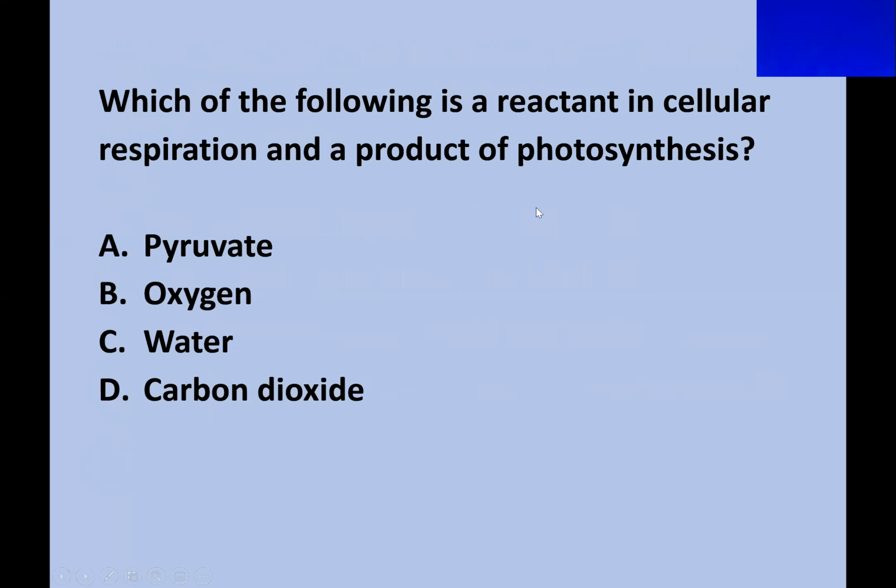Which of the following is a reactant in cellular respiration and a product of photosynthesis? Hopefully you said oxygen. So remember, oxygen is required for cellular respiration and is produced when water is broken down in photosynthesis.